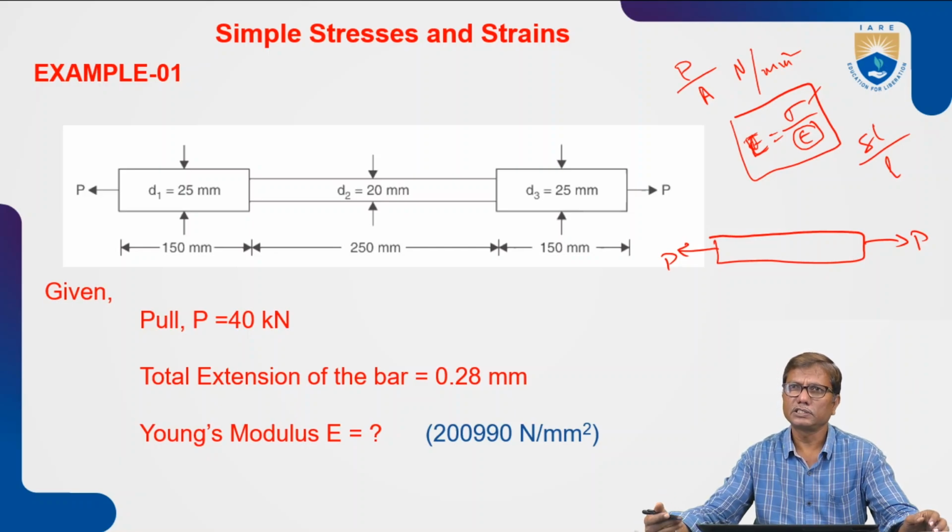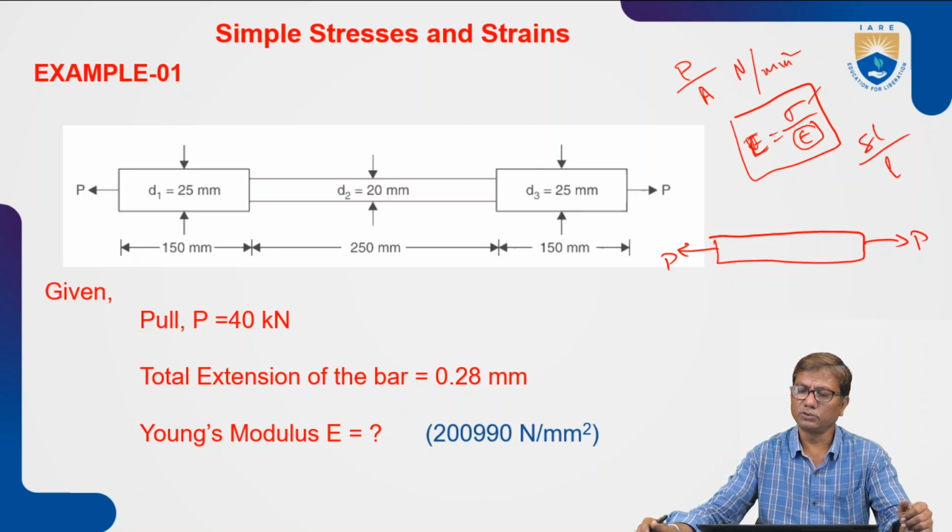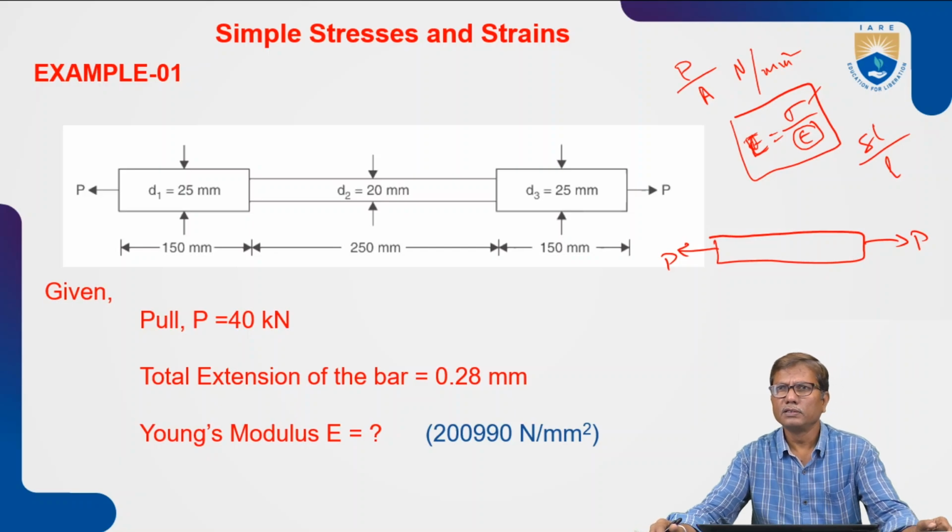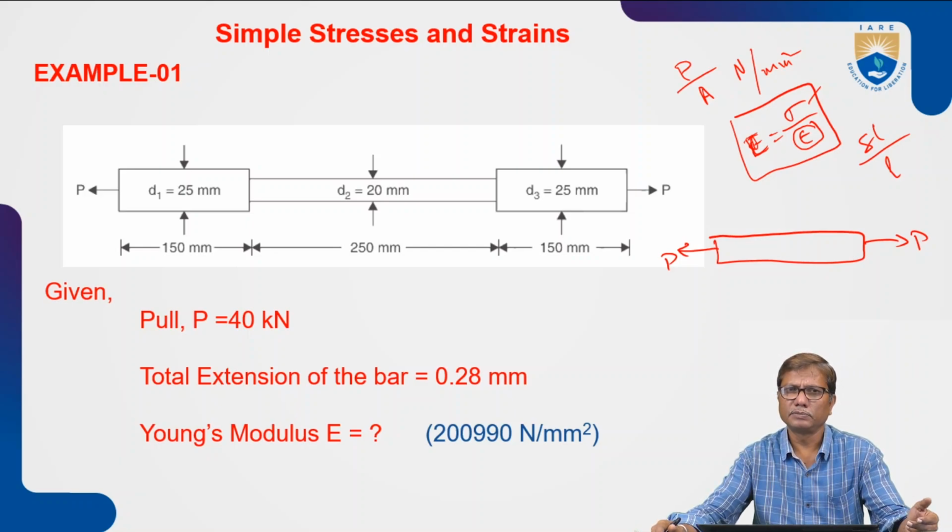For different materials, Young's modulus may vary from material to material. Say for steel, it is around 2 into 10 power 5 megapascals or Newton per mm square. Similarly for other materials such as aluminum and brass, the Young's modulus values will be different.